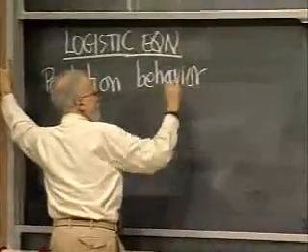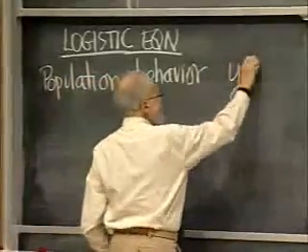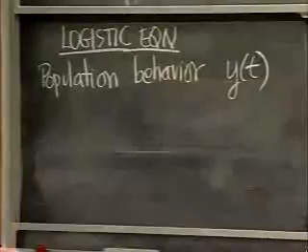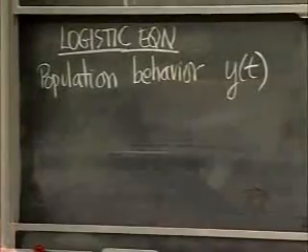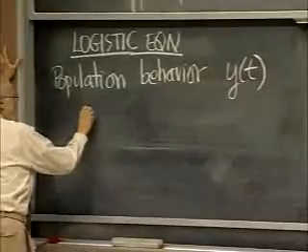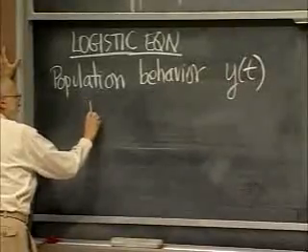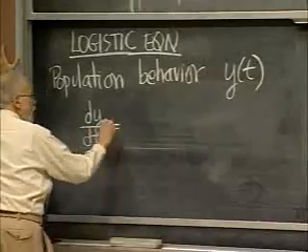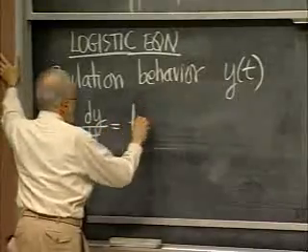Let's call it y, since that's the only thing I know to call anything today, but of course your book uses capital P for population to get you used to different variables. Now, the basic population equation runs dy/dt equals k y. There's a certain growth rate, let's call it k.